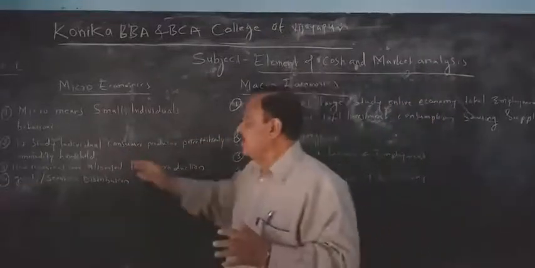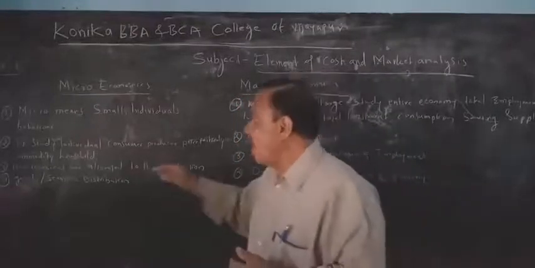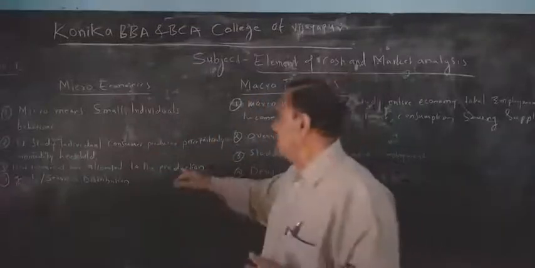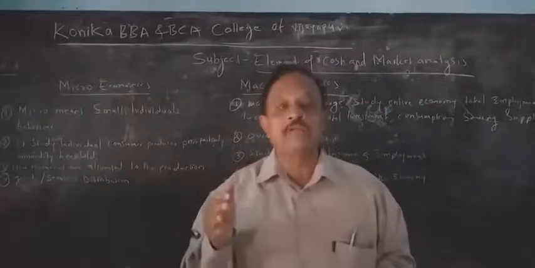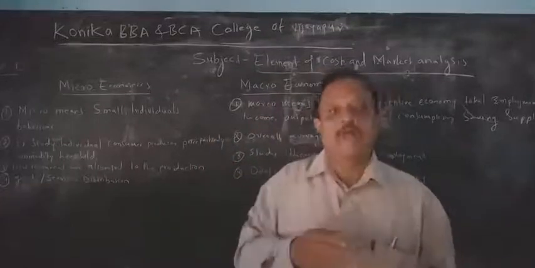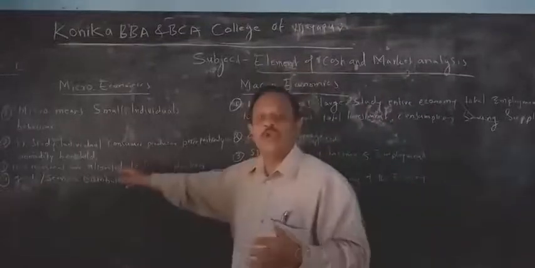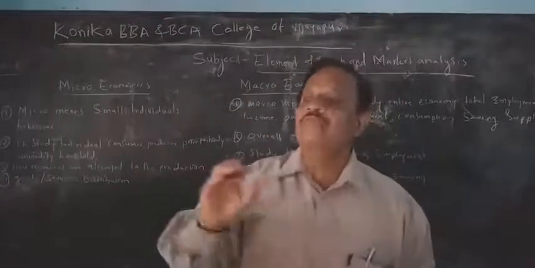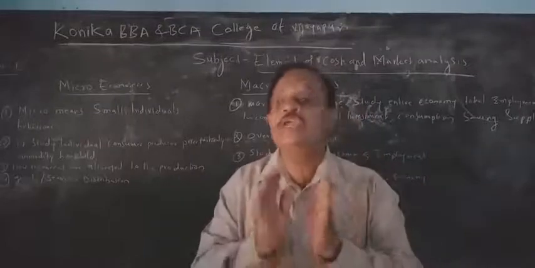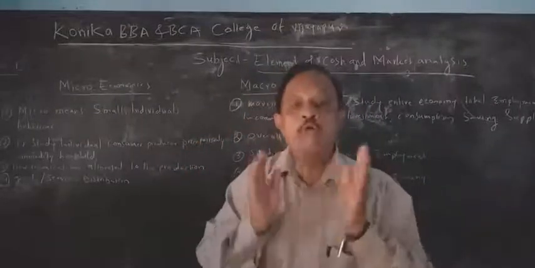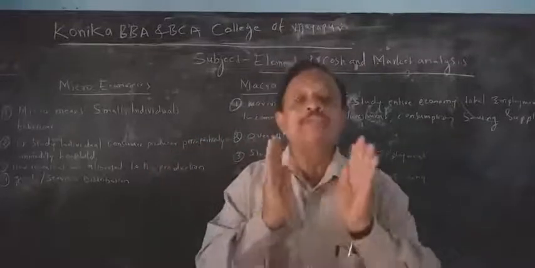Then at the micro level we know how resources are allocated for making a product: how much raw material they need, how many laborers, how much machinery, how much money.